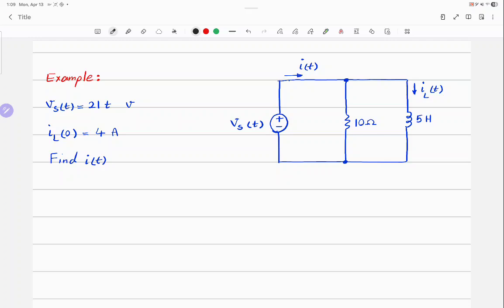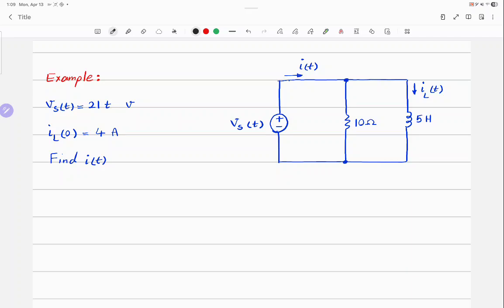When I was talking about the parallel definition, did I limit that to resistors, or did I just use blocks, the elements? So can you say that the 510 ohms are in parallel? Yes, because they share both terminals.